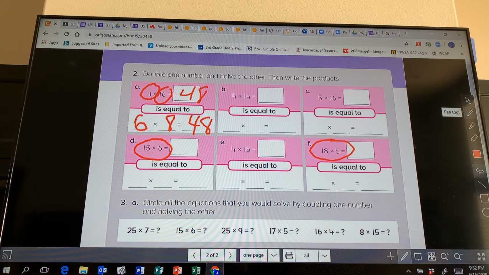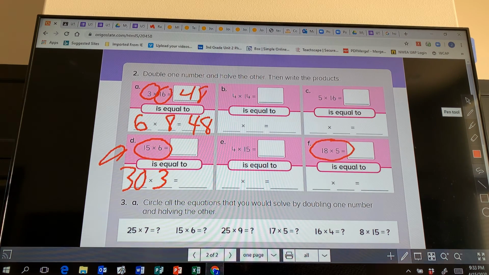If you doubled 15, for example, you would get 30, right? And then you half 6, you would get 3. So if you tried to half 15 in this particular problem, in letter D, half 15 would be 7.5. That might be confusing for your child. So make sure that you can half or double the number without getting 0.5 of a given number.